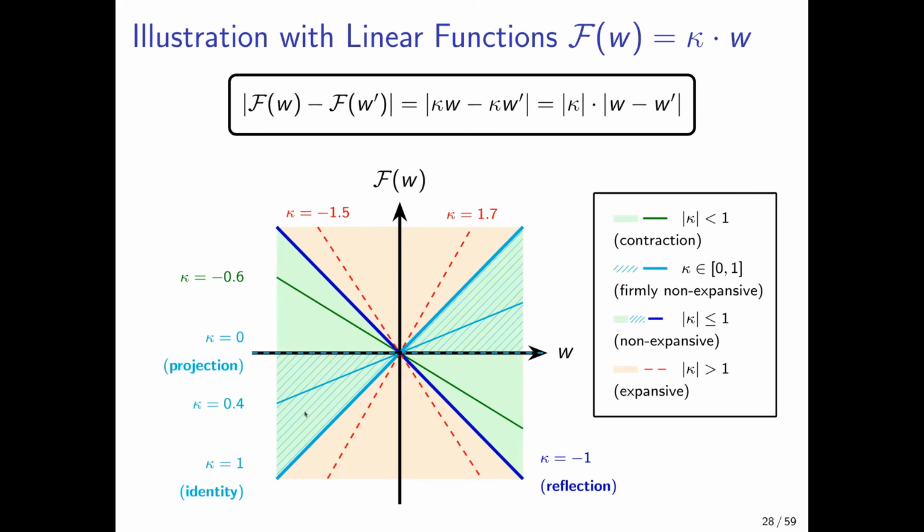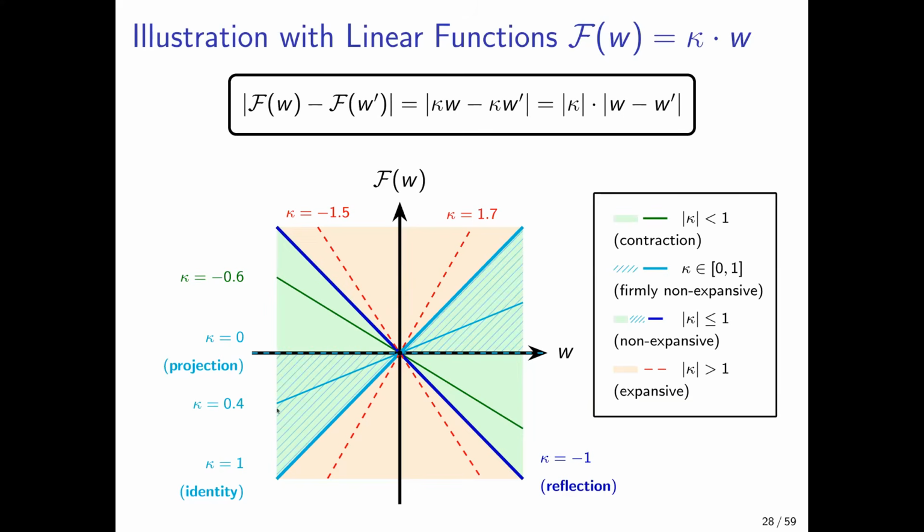But now, with what we have learned, we can extend this. We can now say exactly where the firmly non-expansive functions are among the linear functions. Those are exactly those where kappa is between 0 and 1: the 0 function, kappa equals 1, the identity, and everything in between.